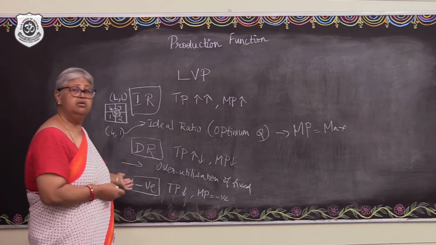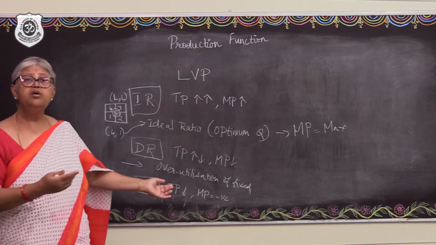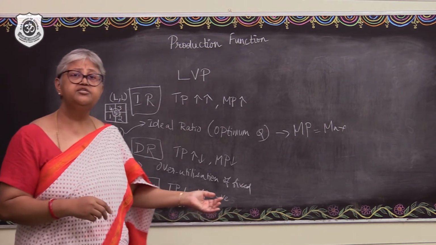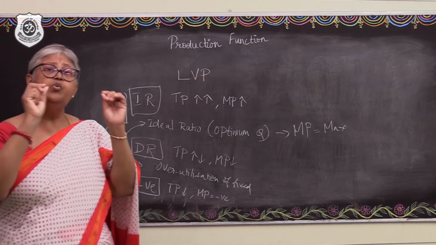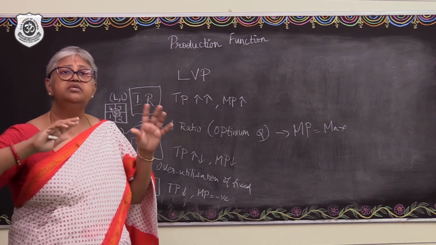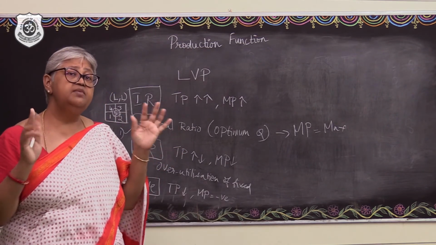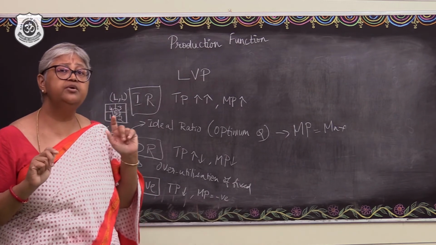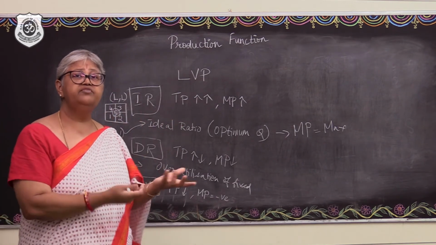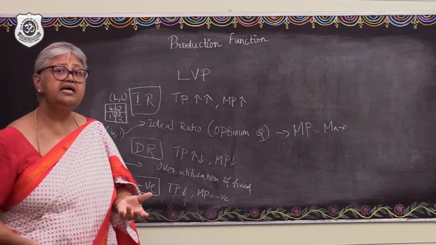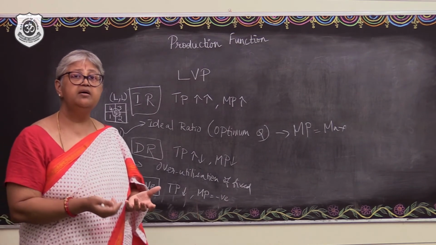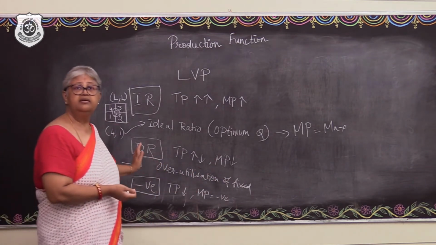Still, a few more variable inputs, that becomes a poor substitution. Now initially what did we see? There's going to be specialization. One farmer is going to probably take care of de-weeding, the other one is going to water the plants and so on. That's what we saw. And then 4 people were correctly employed.